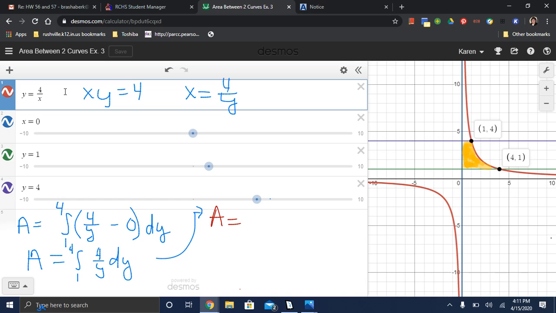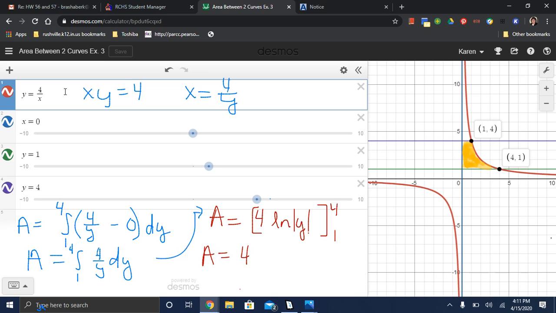Now, you might want to put the 4 on the outside and then do the natural log of y, and that y would need to be an absolute value. We'll evaluate this from 1 to 4. So we'll substitute in.